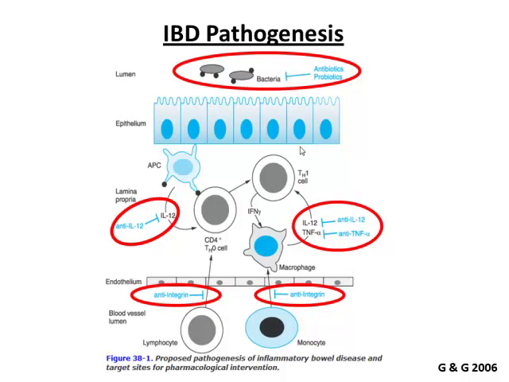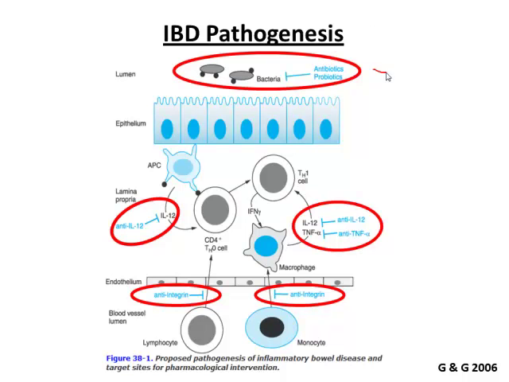And I think this is the last slide. It shows the hypothesized IBD pathogenesis and the agents that are used to treat each specific issue that might be involved in the pathogenesis. So if you study this slide and know why each of these agents is used, each agent that I have circled, you should be fine.